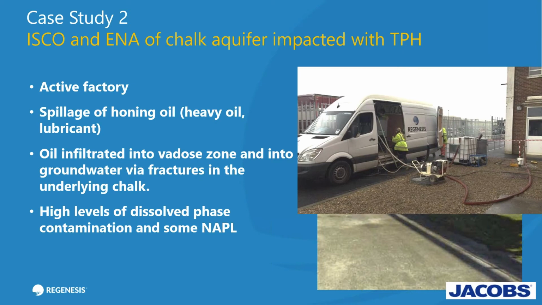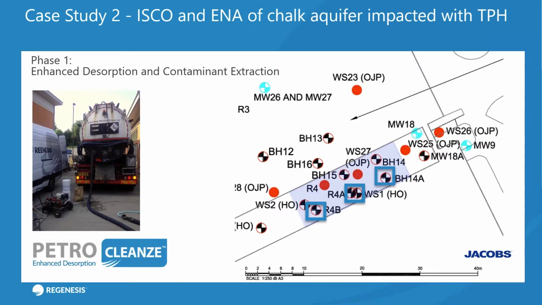Here we utilized existing wells on site to apply the reagents into the subsurface. There was already quite a dense array of delineation wells, and based on the validation strategy that Jacobs came up with, we could sacrifice some of those wells for injection wells. So that goes back to us trying to utilize the infrastructure that's already there to keep remediation costs down.